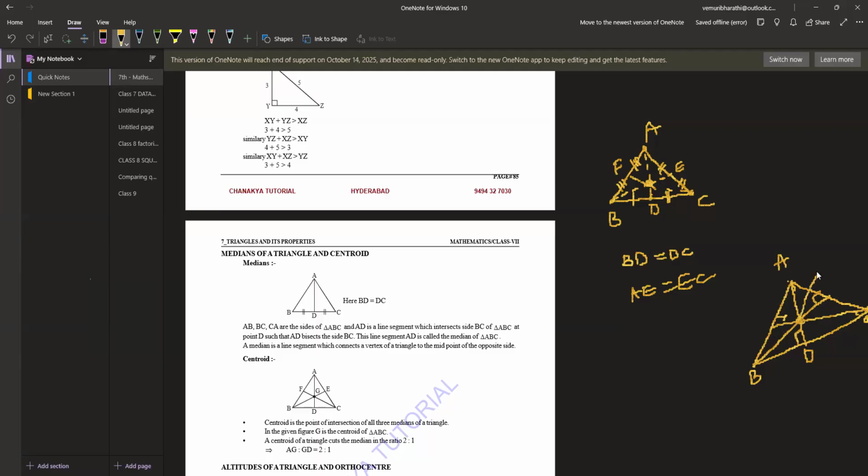This meeting point we call the orthocenter, because AD, BE and CF are the altitudes of the triangle. These altitudes' meeting point is the orthocenter. The medians' meeting point is the centroid.